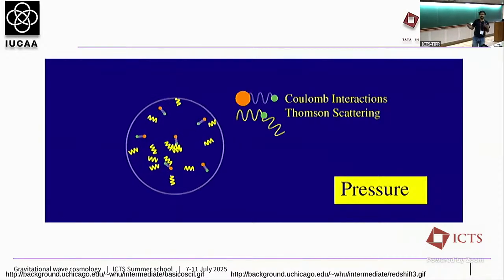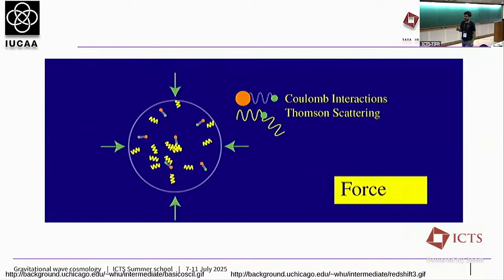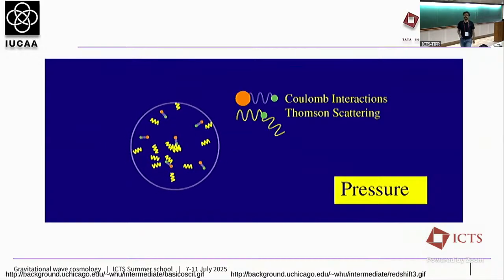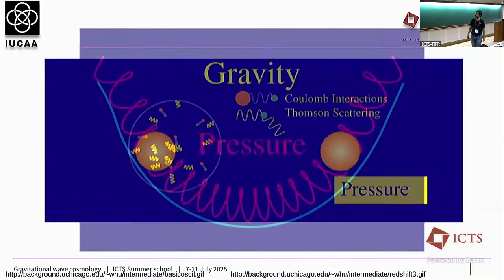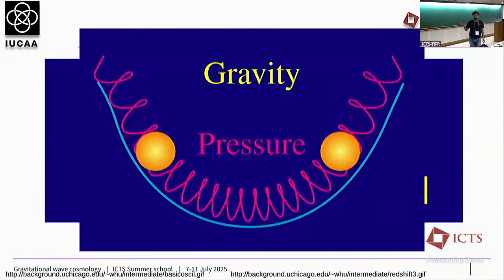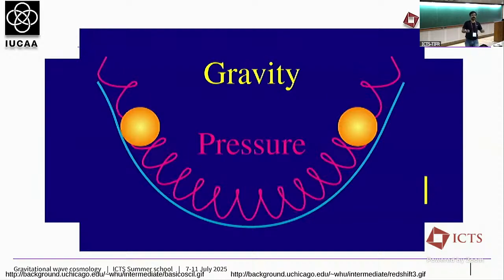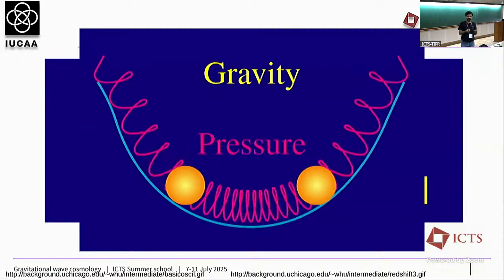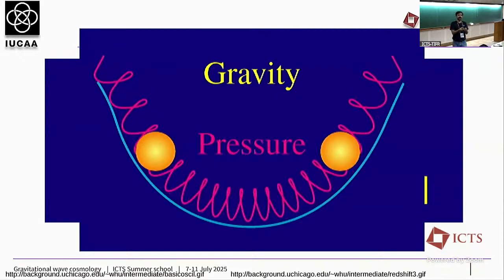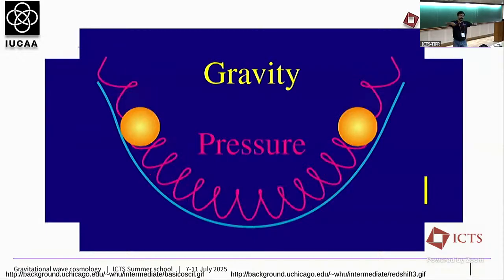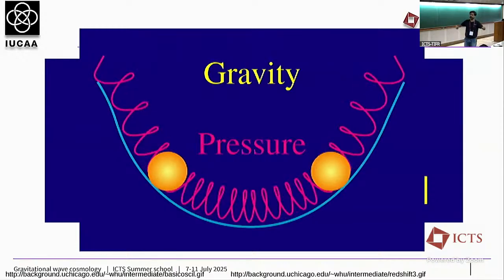And it is these sound waves which you can actually see in the inhomogeneity maps. So it can be mimicked by something which looks like this. There is gravity which is pulling down the baryons. And then there's the pressure, because of the photons which are coupled to these baryons, which then try to bring them out again.